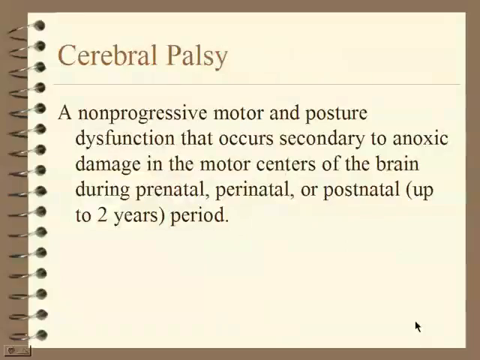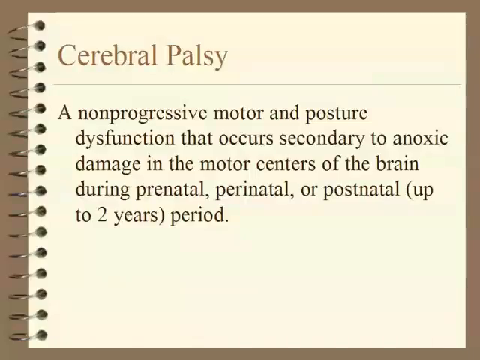The next topic that I'd like to discuss from this chapter is cerebral palsy, or sometimes just referred to as CP. I have the definition here up on your slide: a non-progressive motor and posture dysfunction that occurs secondary to anoxic damage in the motor centers of the brain during the prenatal, perinatal, or postnatal period.